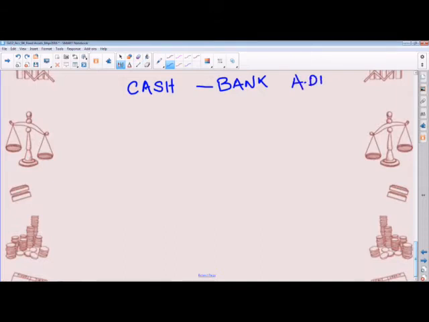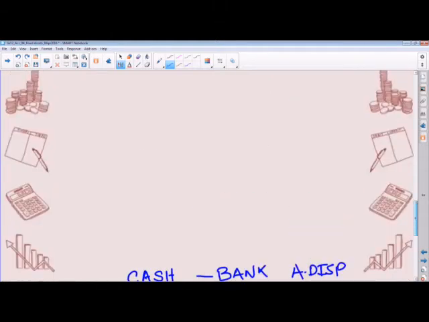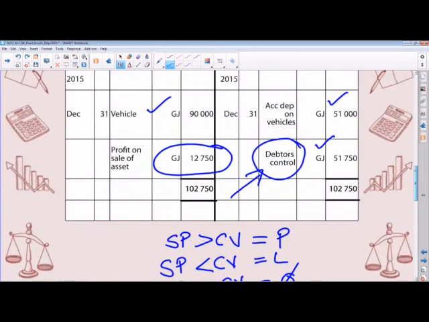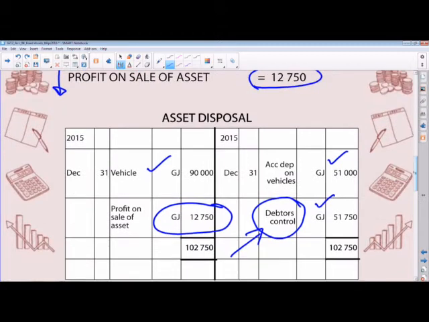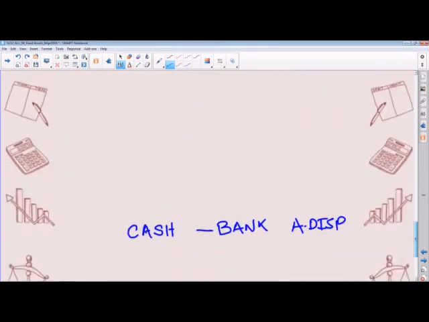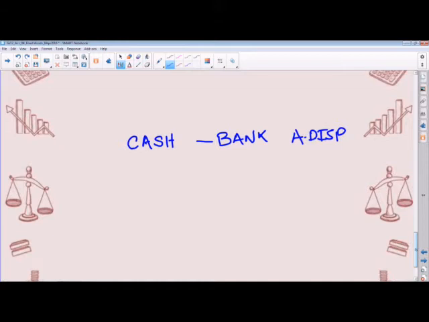Okay, so now, if you compare that to what we had here, can you see the credit in my asset disposal was debtors control, telling you that you sold the asset on credit. Therefore, if we go back now and we say, fine, if we sold the asset for cash, we are debiting bank, right? And we are crediting asset disposal.